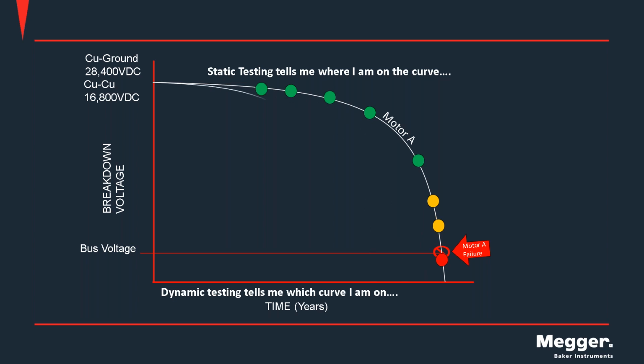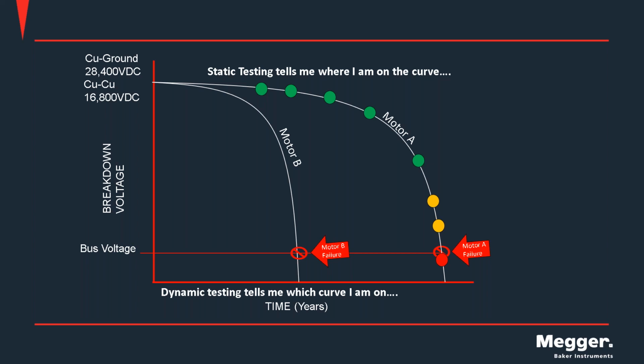So dynamic testing kind of helps me understand which curve. Am I on a motor A curve or am I on a motor B curve? And all those different dynamic parameters that we evaluate, and load conditions and application scenarios, dynamic testing will help us identify whether we should be more concerned when I get to a caution state and I'm in a motor B situation where I know I have a poor power quality situation because that drive we purchased last month didn't have proper load filtering, but we went with it anyway.